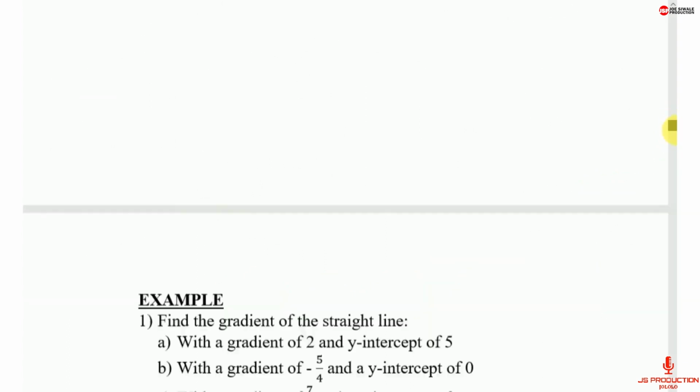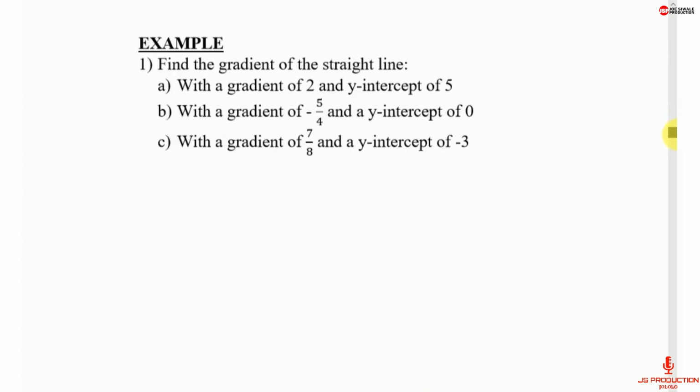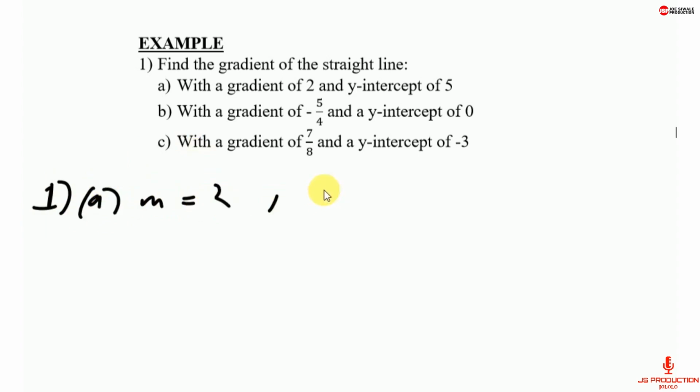Let us now look at the examples. Example 1 reads, find the equation of the straight line in a, with a gradient of 2 and y-intercept of 5. So we have been told that the gradient is 2 and the y-intercept we have been given as 5.